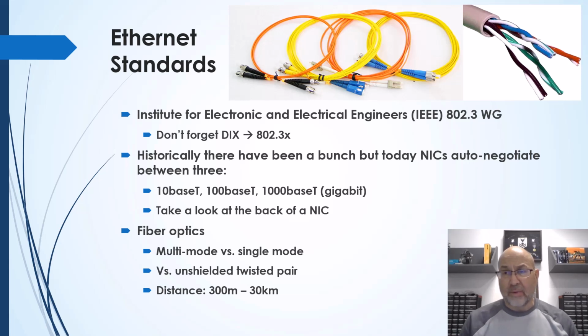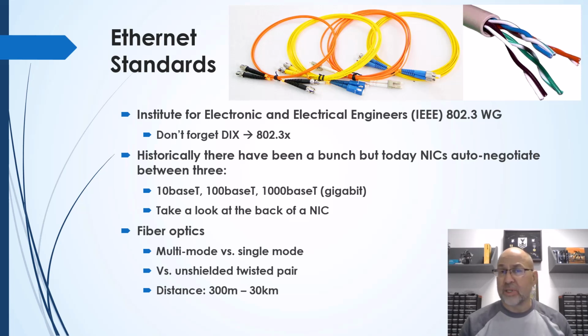Now, we'll talk more about unshielded twisted pair and fiber, but the basics of fiber go something like this. You have two flavors: multi-mode and single mode. Mode in this case can refer to the color, wavelength, or mode of the optics that you're using. Multi-mode fiber usually has a larger core, and single mode is just a tiny pinhole, because it's designed for a particular wavelength.